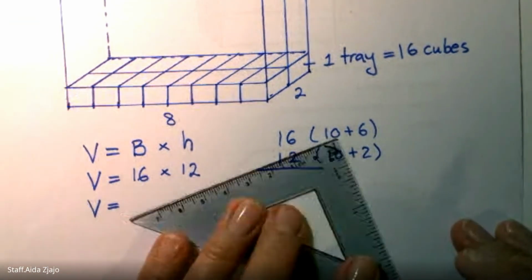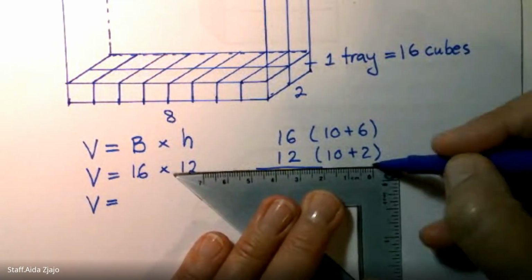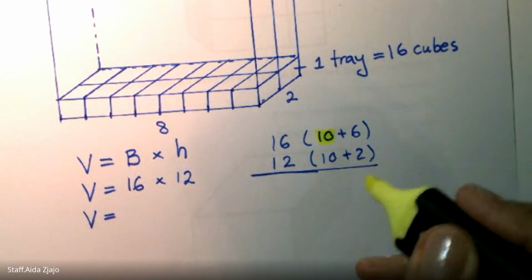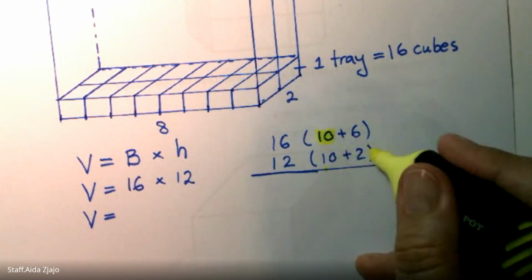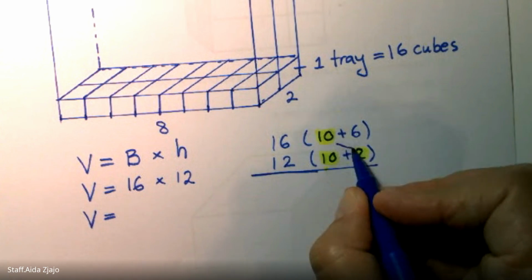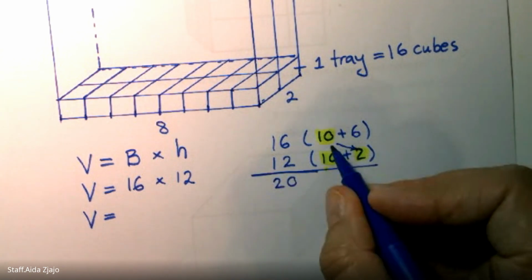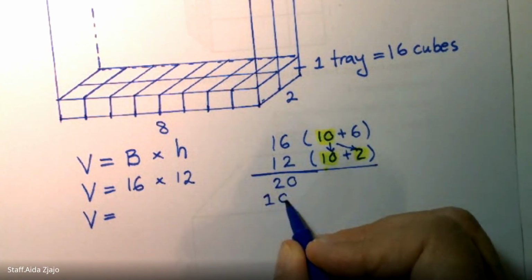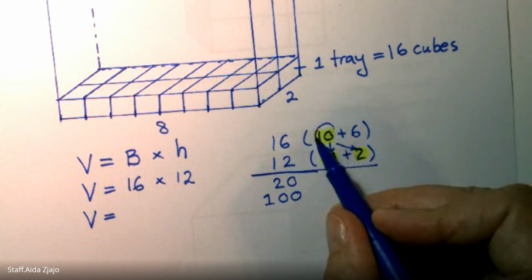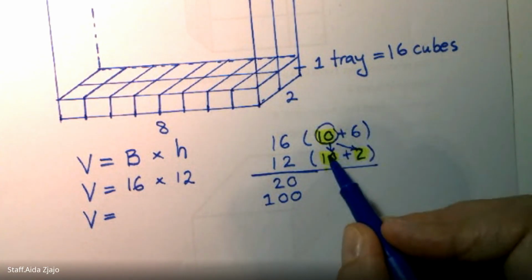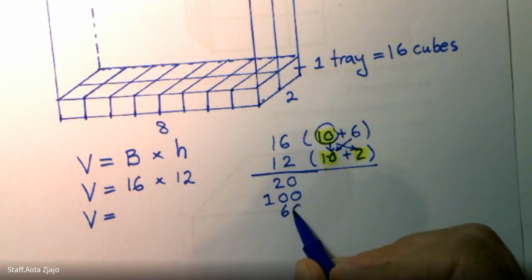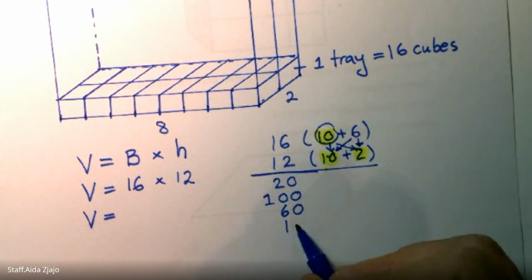So we can think of 10 times 2 and 10 times 10. 10 times 2 is 20. 10 times 10 is 100. Now I'm done with 10. Now I'm going to do 6. 6 times 10 is 60, and 6 times 2 is 12.